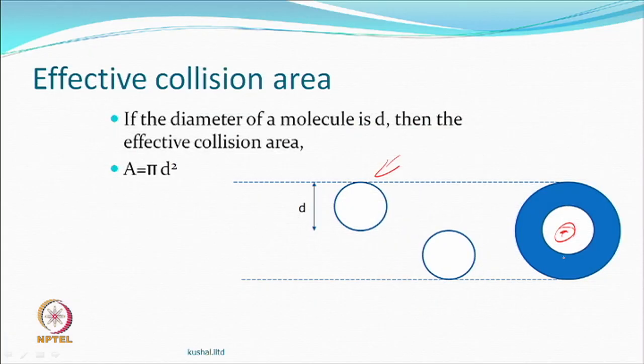If it is in the center, the molecule will be here, but it does not have to be always in the center, it can be anywhere. This molecule is the same or something similar molecule. If the distance of this is more than 2d, then this particle may pass through without touching. So, it may not strike.